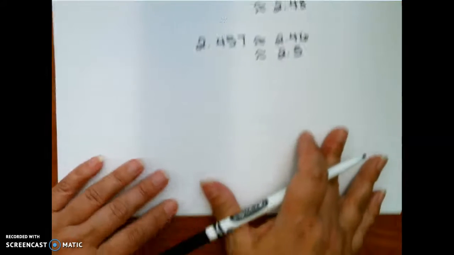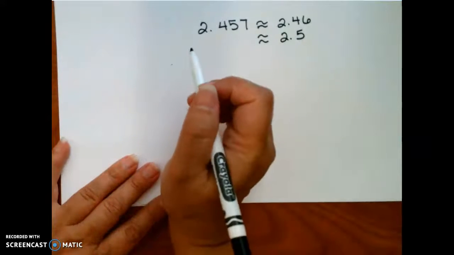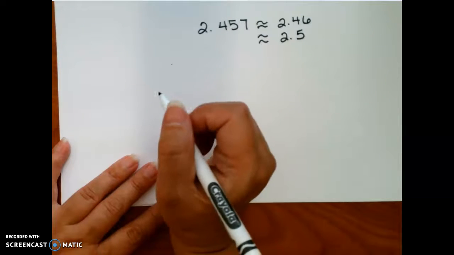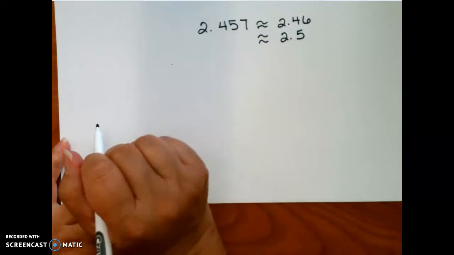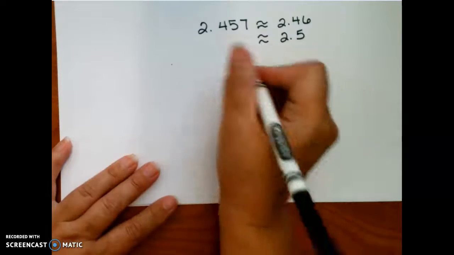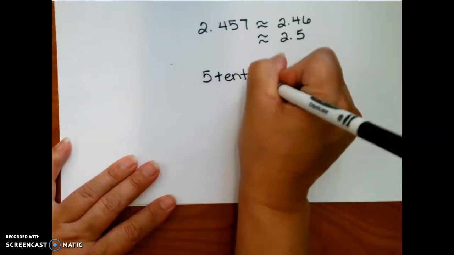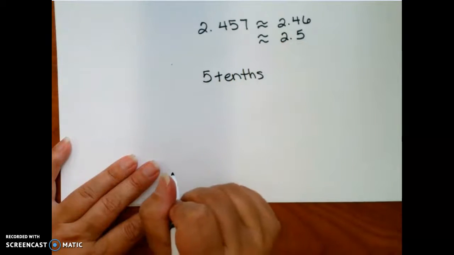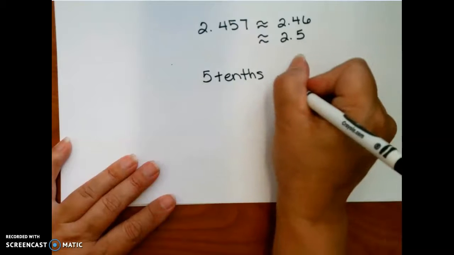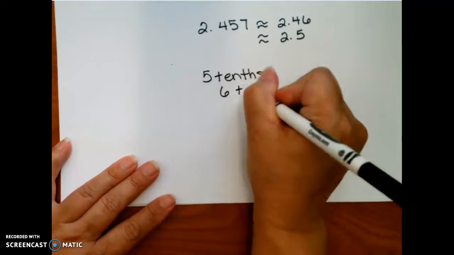Now, 1 unit more is what we're going to do. So, if I have 5/10, 1 more than 5/10 is 6/10.